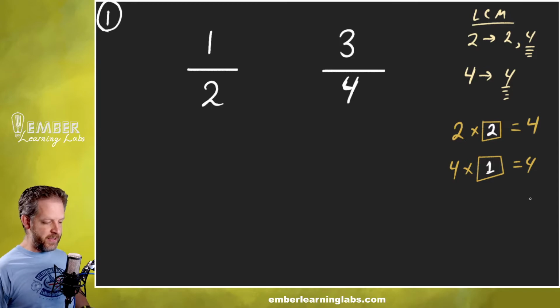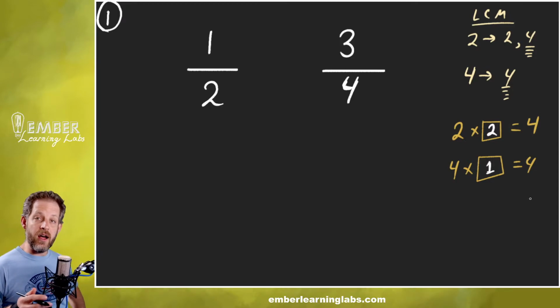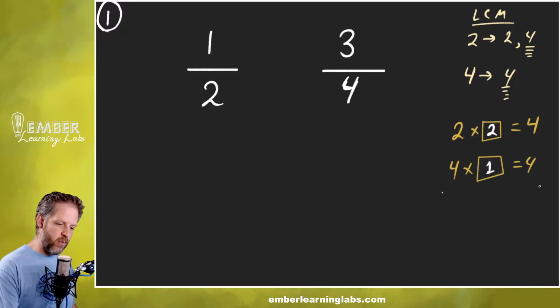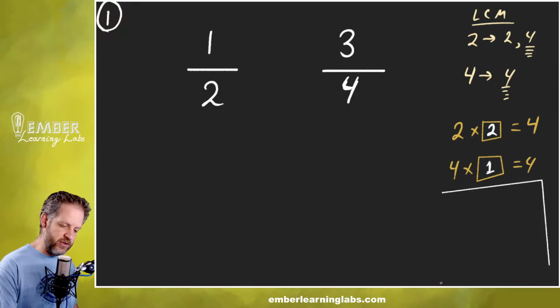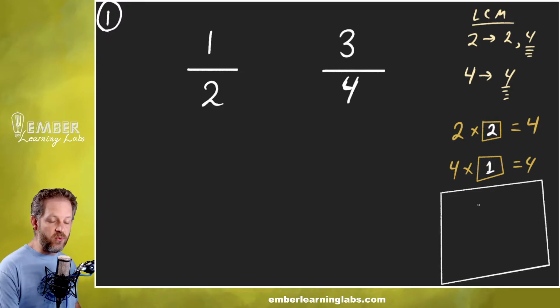Now, to make them the same, this is what we have to do. And I'm going to show you why this works for those of you who are why askers. If you're not a why asker, then just do what I tell you to do and don't stress about it. The reason why we can do this is if we have any number, like 5, over itself, or divided by itself, what's 5 divided by 5?